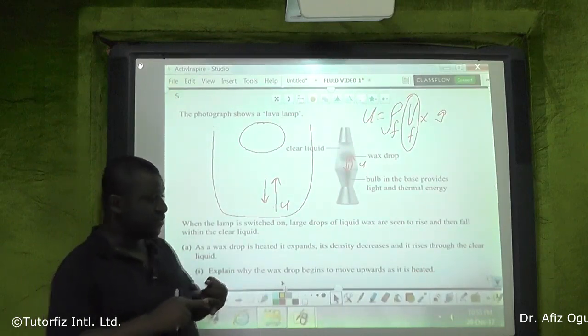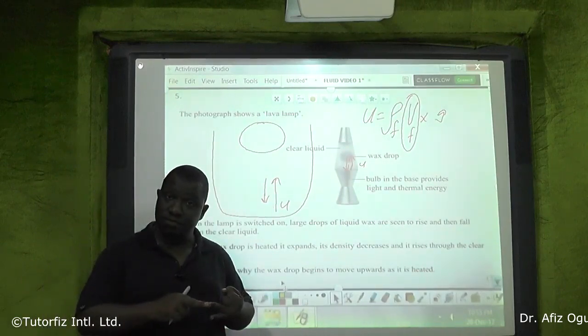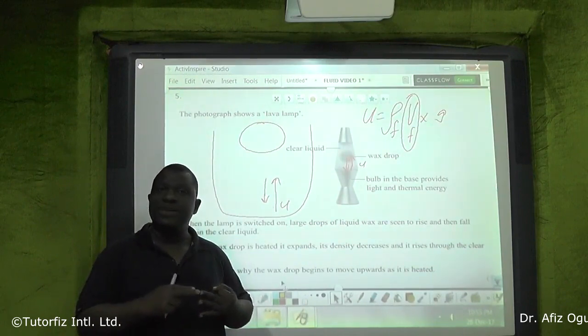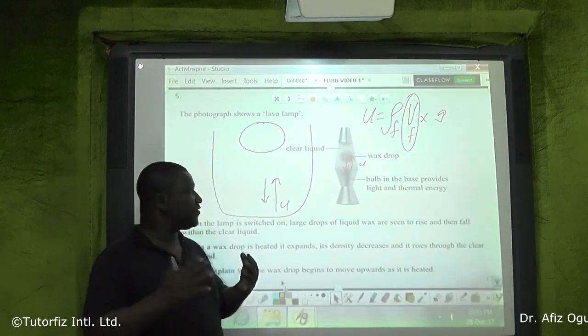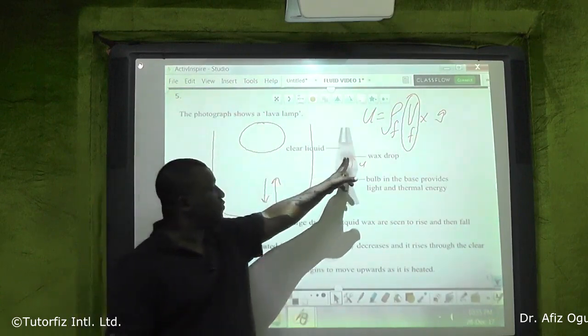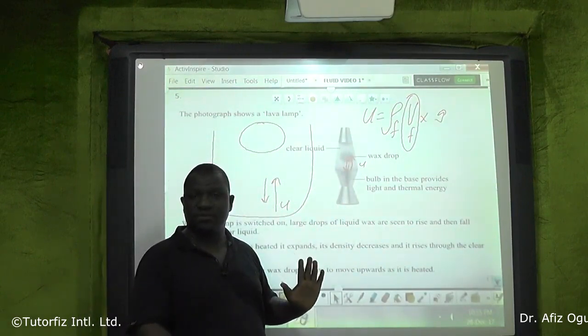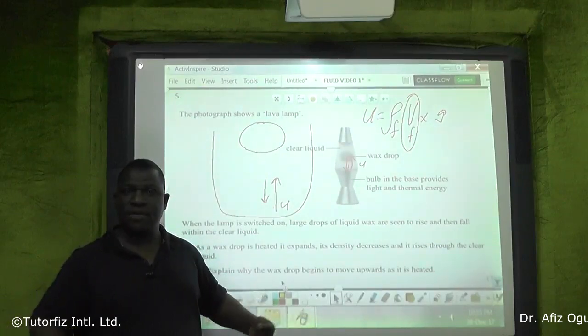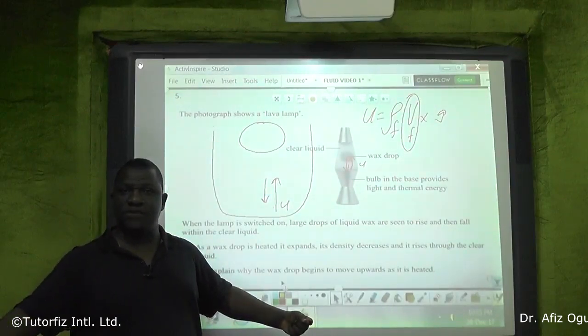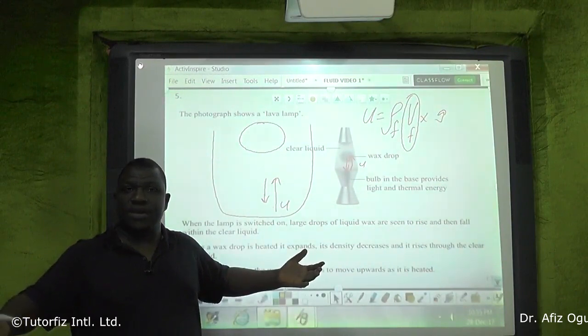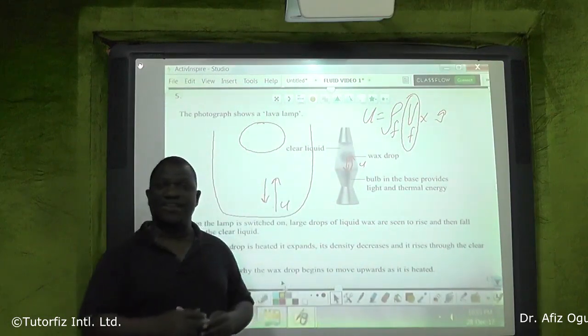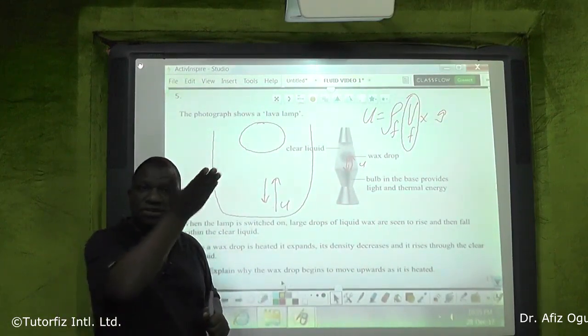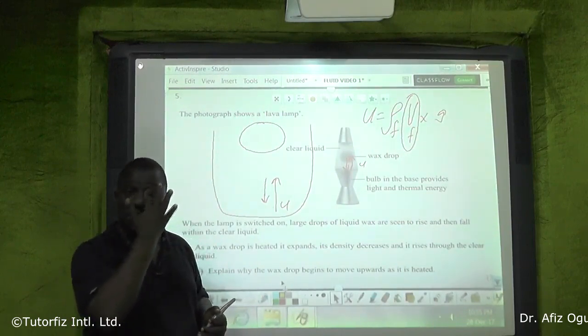There's an increase in volume, but the weight remains the same. First, tell them that when it was at rest, floating at this level, up thrust equals weight. When it expanded, weight remains the same, but it has displaced more volume of liquid, so up thrust increased more than weight, so it moves up. There is a resultant force upward, so it accelerates upward. That's why it moves up.